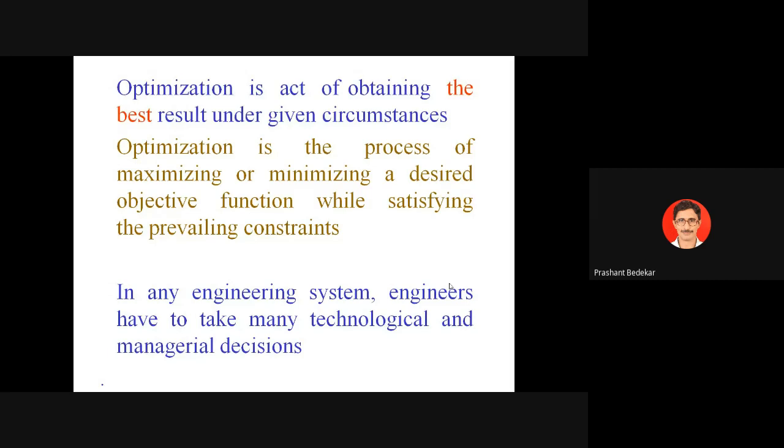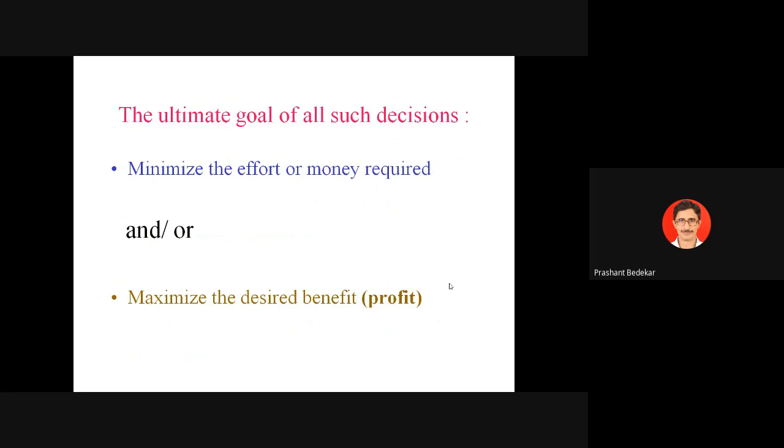You have to take managerial decisions. So an engineer, irrespective of where he or she is working, has to take many technological and managerial decisions, and the ultimate aim of all such decisions is to minimize something or to maximize something.